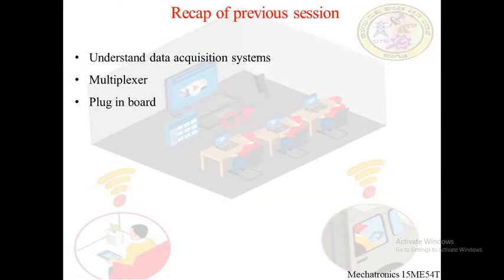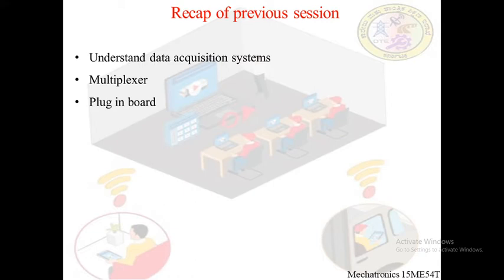In our previous session, we studied data acquisition systems, wherein we understood what exactly a data acquisition system is, the various elements that are part of it, the kind of output that we get from it, and its overall purpose.